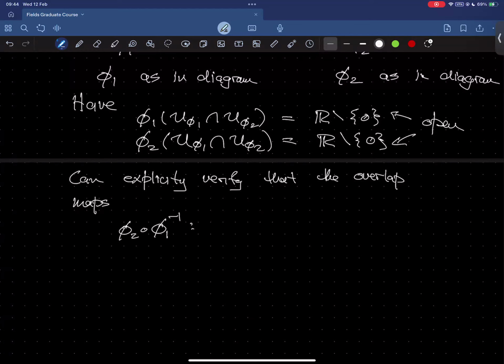This is going to be a map from this to this. But they're both equal to that.